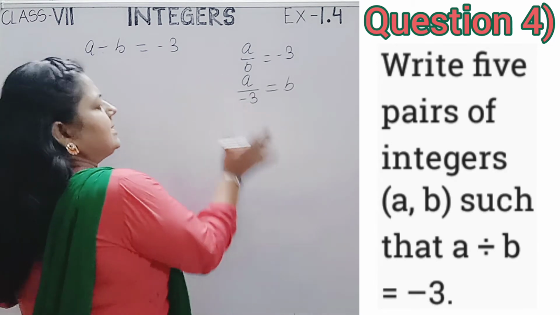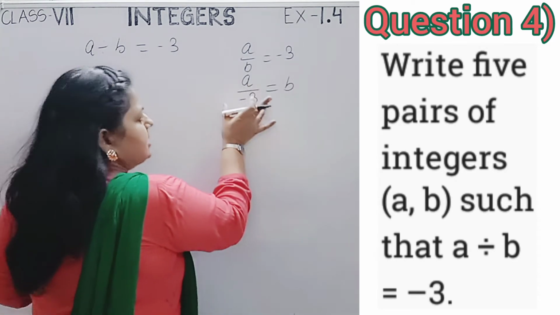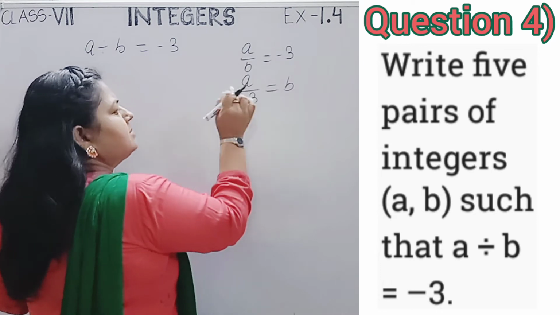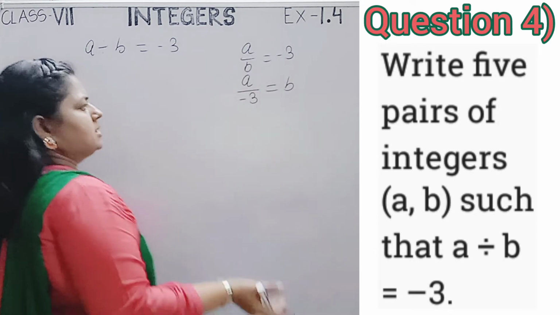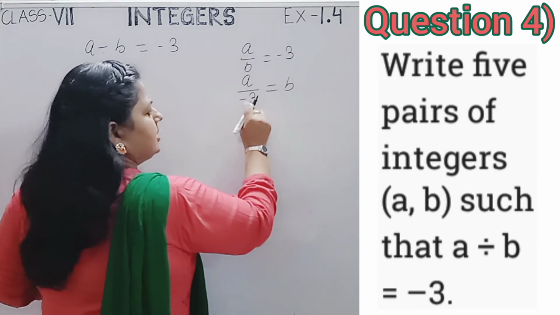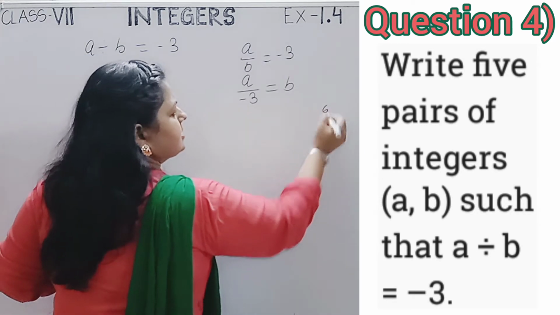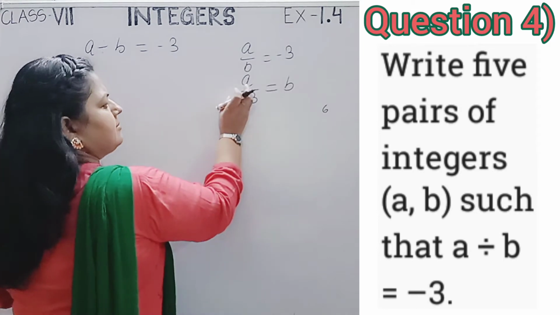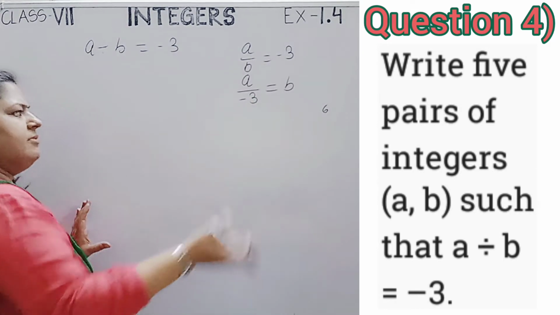So the next step is we have to see that this number is a multiple of how many numbers. So we can find out that 6 is a multiple of 3. This time we are neglecting the minus sign. After that we will add it.